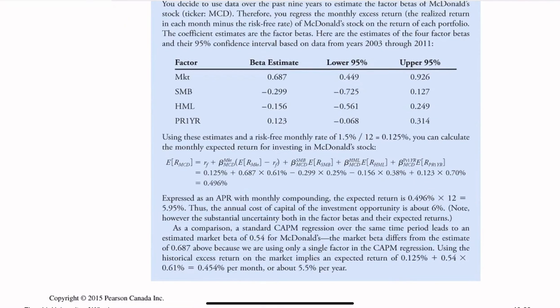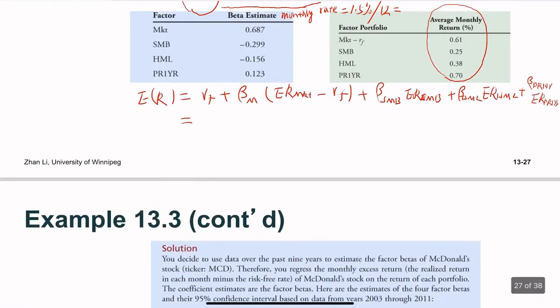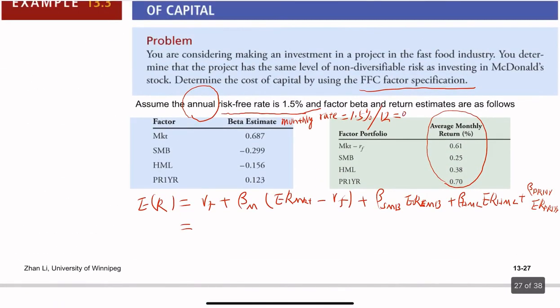So this gives us a per month rate of 0.125%. So now we have successfully matched the measure of the risk-free rate with the measure of average factor returns. So basically now we could plug in numbers.